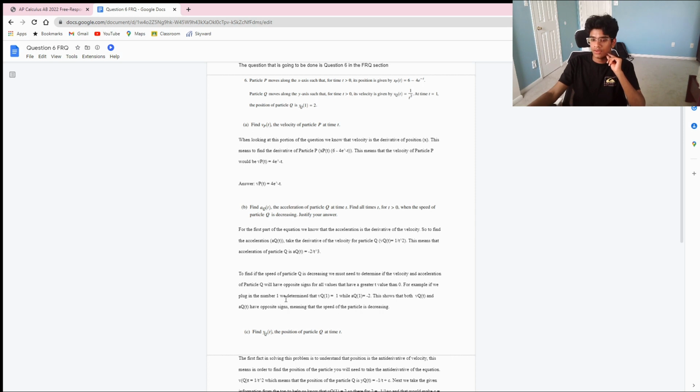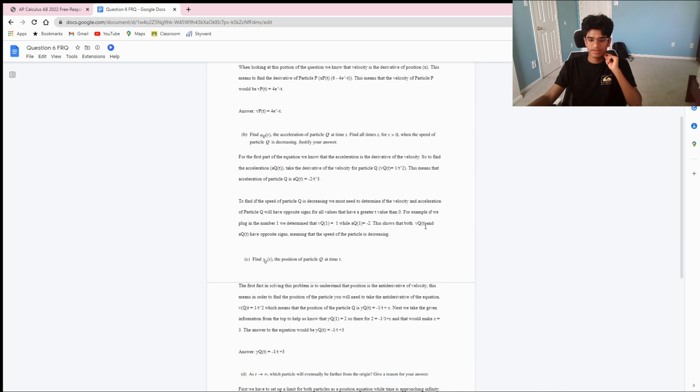For the acceleration, if we plug in 1, we end up with negative 2. 1 and negative 2 have opposite signs. That means the particle's speed is decreasing, because the particle is moving one way while accelerating another, so it's slowing down.